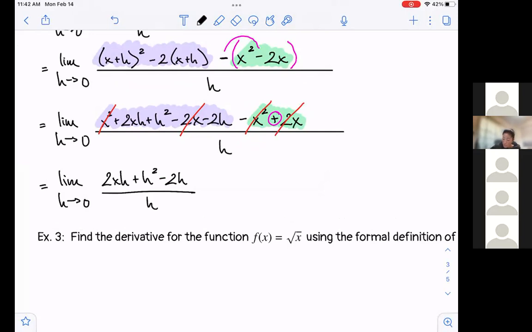Let's do a quick visual check. Does every single term have an h? Yeah, every single term has an h. That's great.